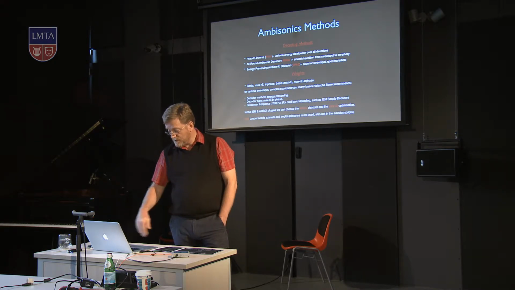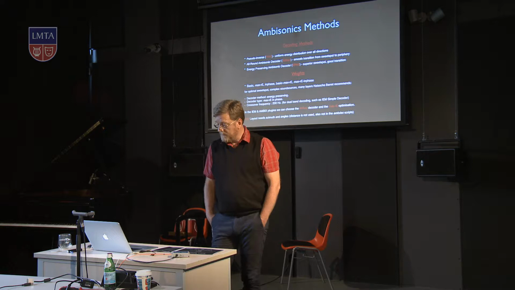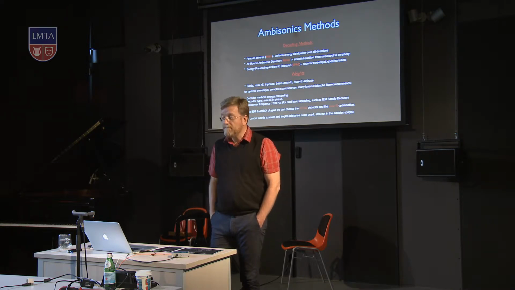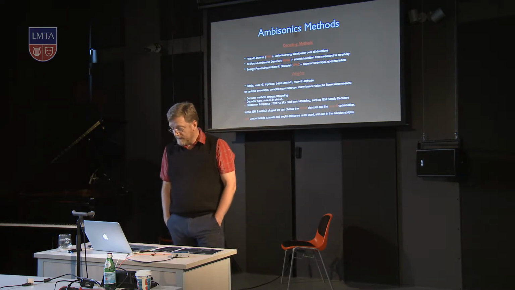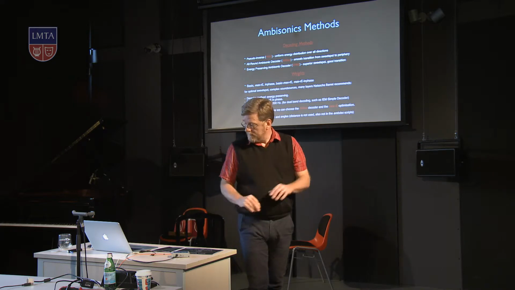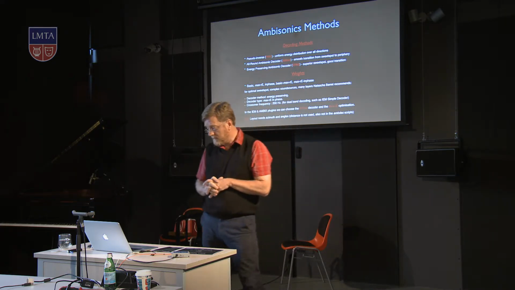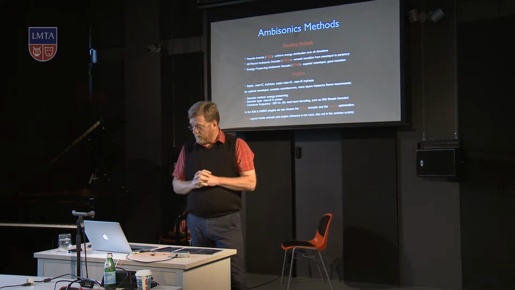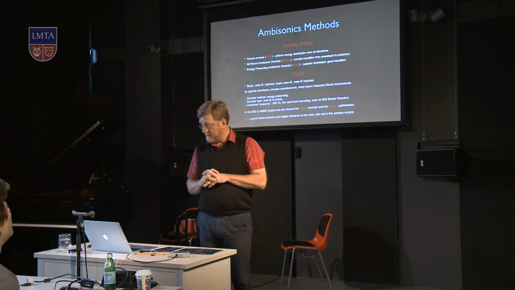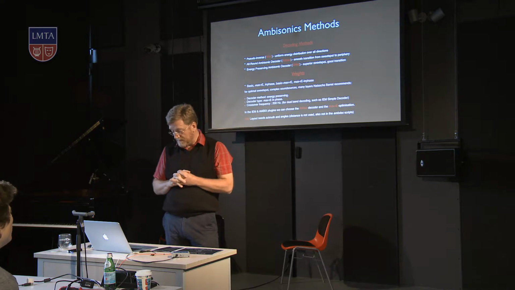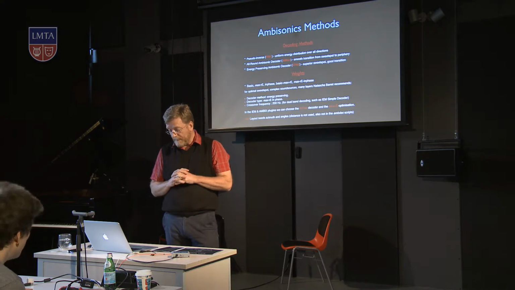I try to give a short overview here of what's available. There's actually much more, but these are the main features. There are two big areas: one is the decoding method itself, and the other is the weight. I will explain a little later what these are, and try to exemplify what they concern.